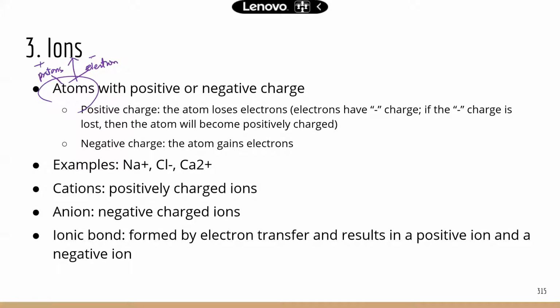Now, when the atom loses electrons, because the electrons carry negative charge, right? So if the atom loses electrons, they lose that negative charge. So the newly formed ion is going to be positively charged. With the same logic, if the atom gains electrons, the newly formed ion is going to be negatively charged.